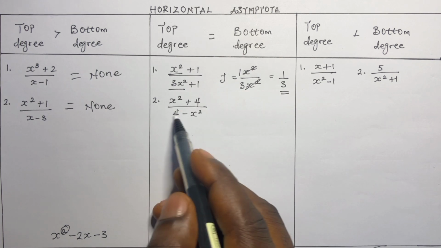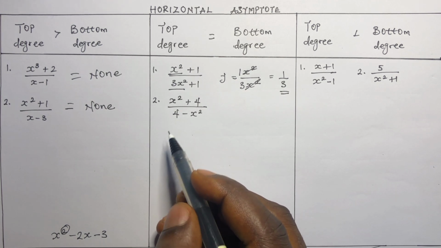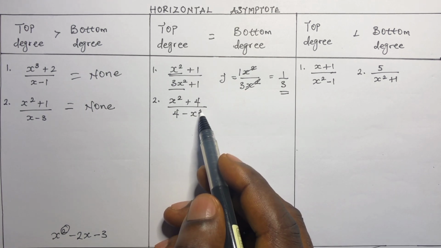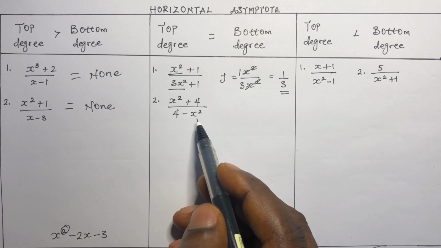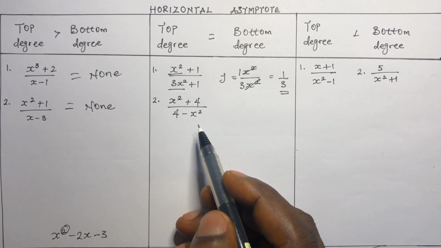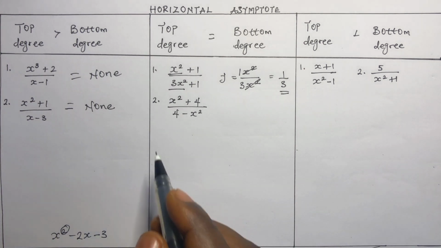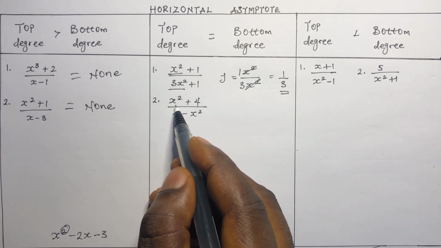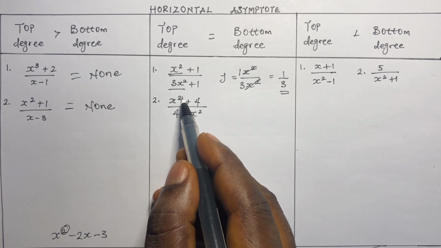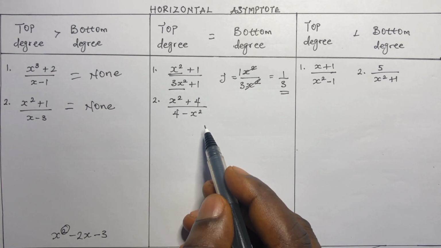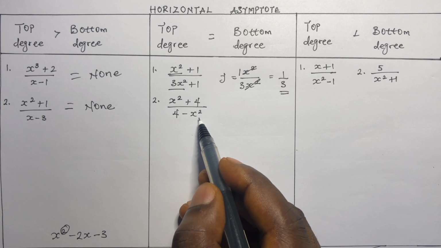And for this second case we have x squared plus 4 over 4 minus x squared, and we're asked to obtain the horizontal asymptote of this function. Remember, we have the power of x from the top to be x squared and from the bottom to be x squared.